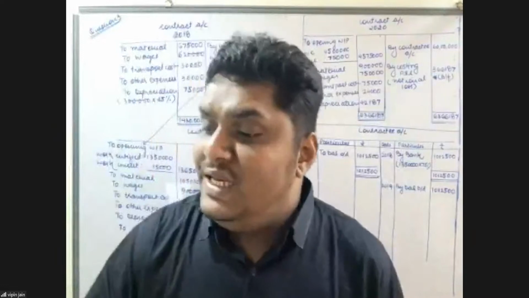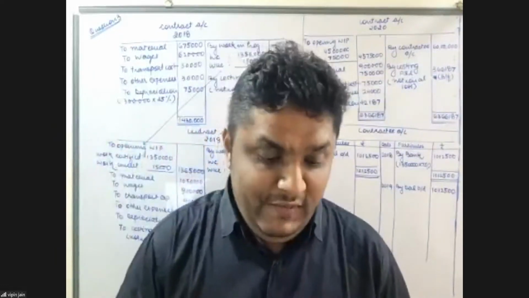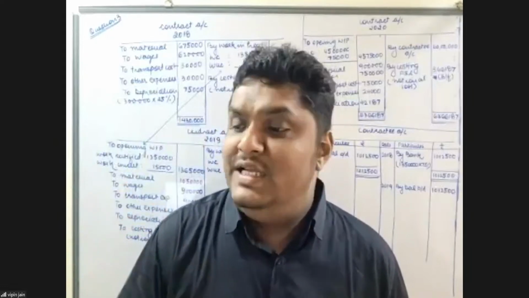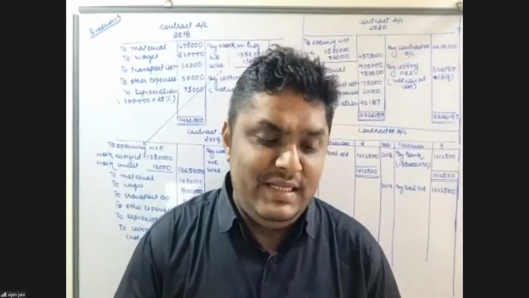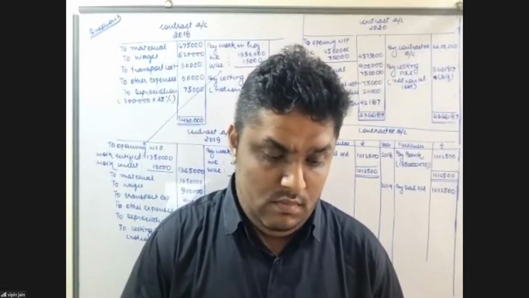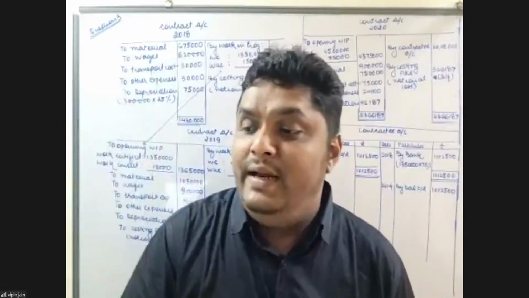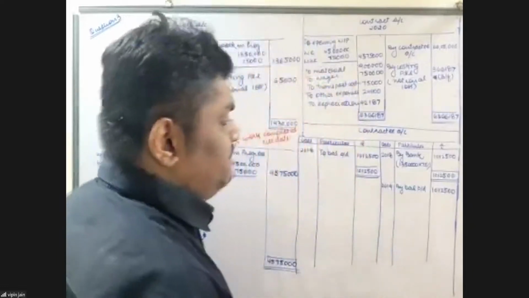Now in the year 2019, the work certified till date is 45 lakh. Of this, the work that is certified last year is 13,50,000. It means the work that is completed during 2019 is 31,50,000.